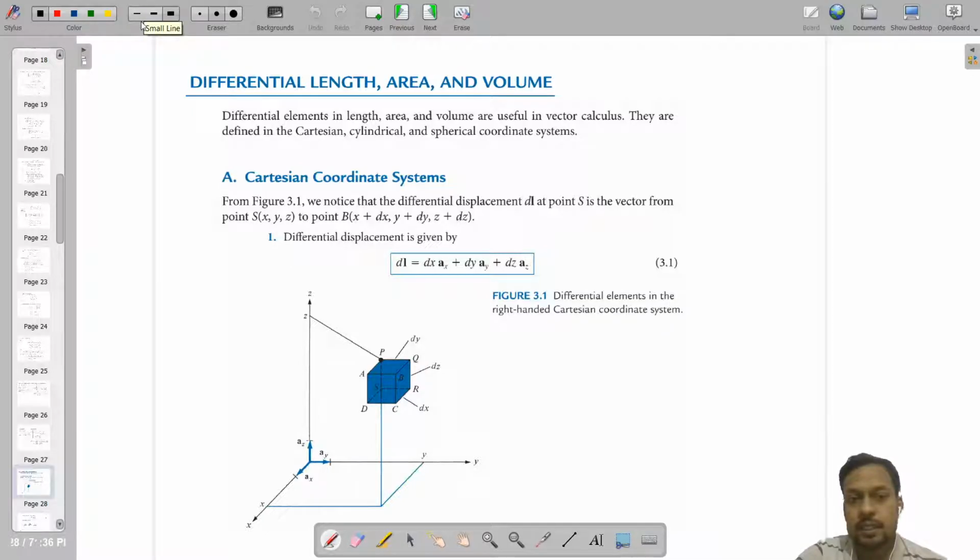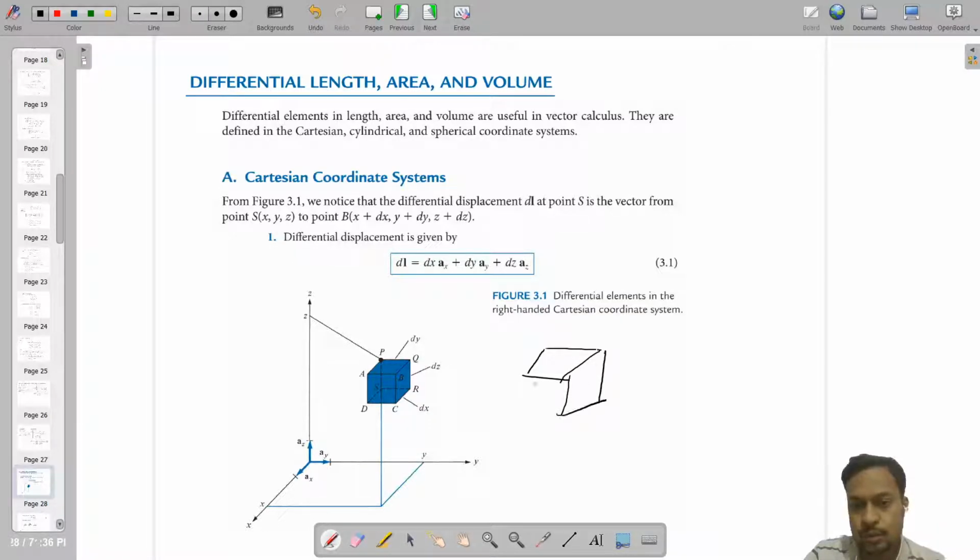So in the Cartesian coordinate system, consider a cube in the x, y and z planes, having lengths dx, dy and dz.